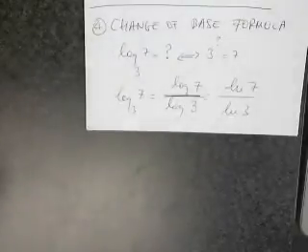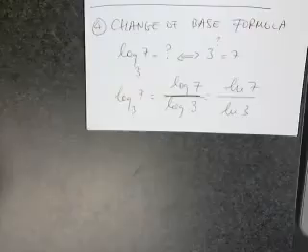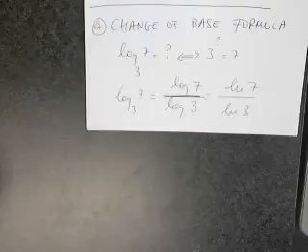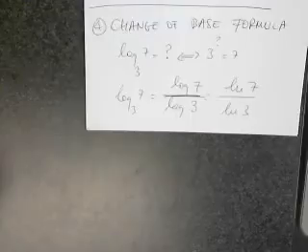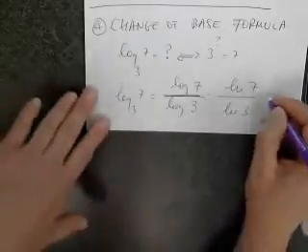So when I go to the calculator and I punch in natural log 7 divided by natural log 3 and close, I get 1.7712 approximately.